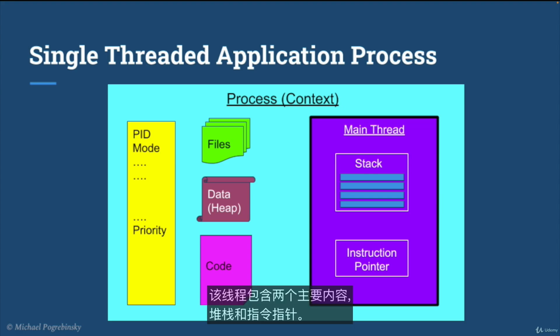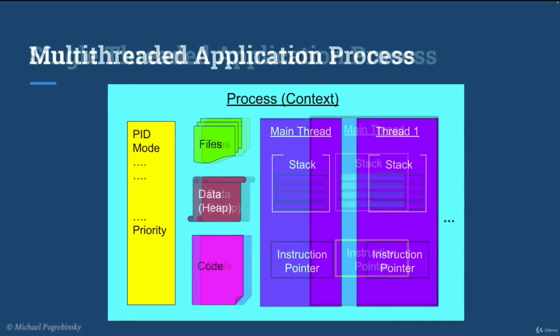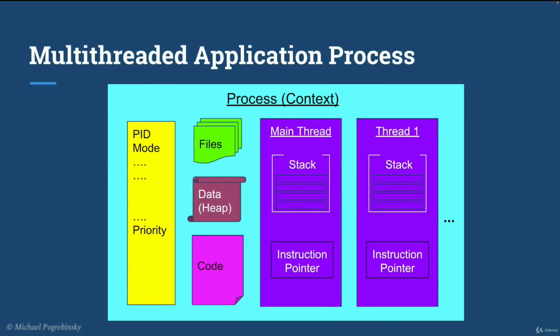The thread contains two main things, the stack and the instruction pointer. In a multi-threaded application, each thread comes with its own stack and its own instruction pointer, but all the rest of the components in the process are shared by all threads.